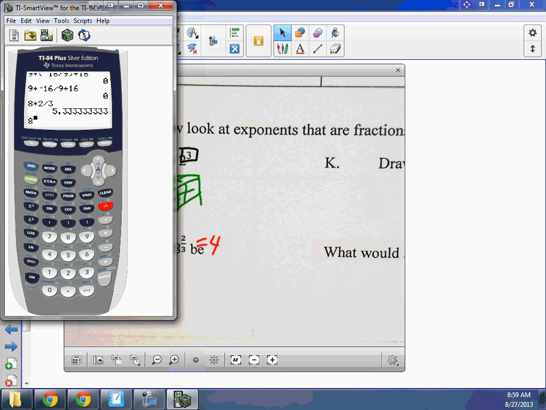If your calculator does 8 with a up and then 2/3, you don't need parentheses. But if it doesn't, then you need to do 2/3 like this. I get 4, which means if I break 8 into 3 multiplications and I take 2 of those multiplications, I get the value of 4.